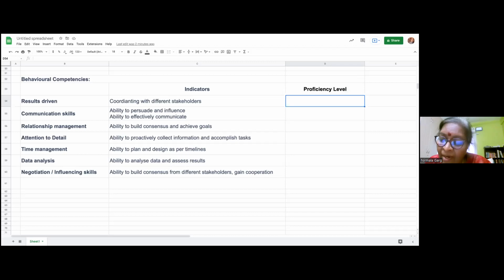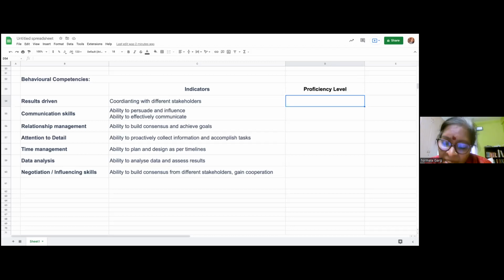So typically when I'm doing a competency mapping in an organization, I will go and talk to two sets of people. One will be a superior performer or a subject matter expert who's been in this role, a very good top performer, and one will be an average performer. Then I will talk to him.